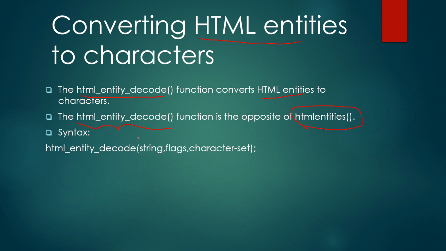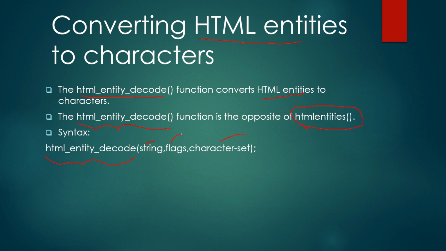So this is an inbuilt function which PHP has provided us. Let's see its syntax. First, we have to make use of the function name, and it will take three arguments. The third one is optional; even if you don't specify it, it's fine. The first is a string, which is the string you want to convert. Then we have flags.